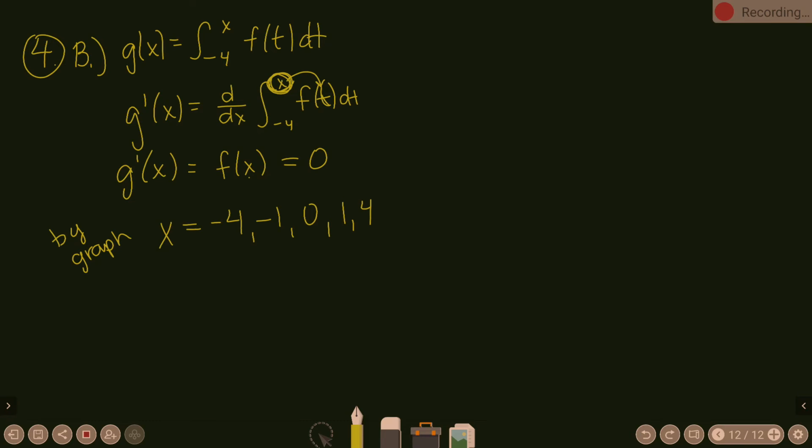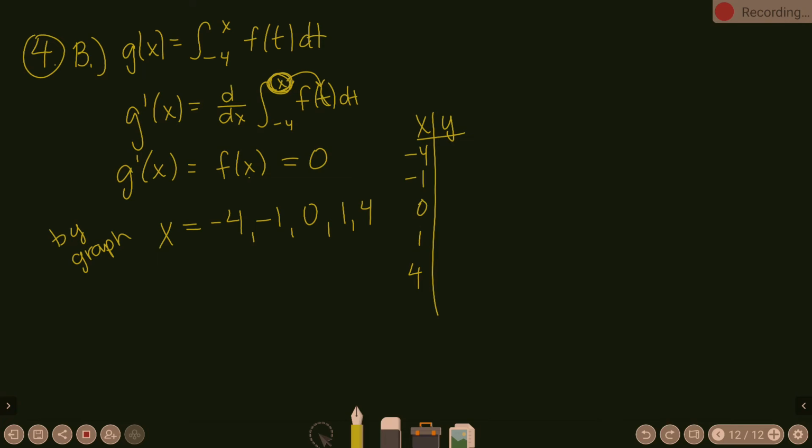Now, two different things that we can do this way. Officially, if we are looking for the absolute minimum, you could just make your XY chart and do your candidates test right here. That's not what I did on my answer key. But one option is you could just go ahead and do your candidates test: -4, -1, 0, 1, 4.